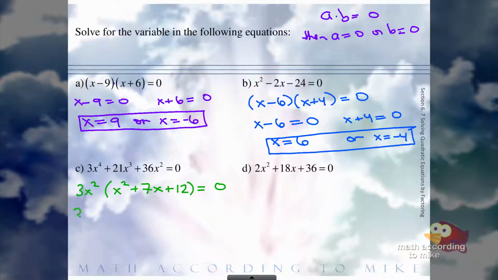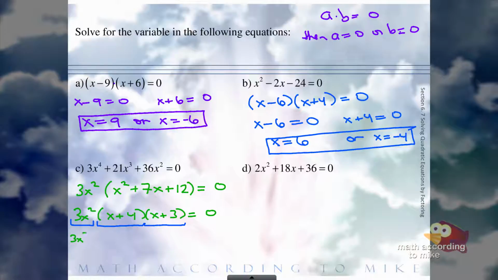Copying down the 3x squared, we now factor x squared plus 7x plus 12, which factors as x plus 4, x plus 3. We now have three factors: 3x squared, x plus 4, x plus 3. We set each of them to 0.